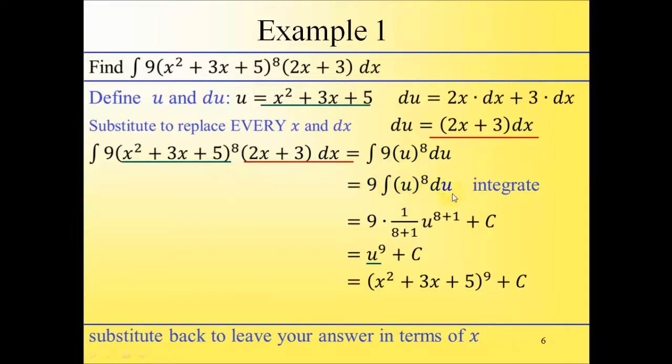By using the basic integral formula, we know that u to the power of 8 plus 1, which is 9, over 8 plus 1, which is 9, plus c. Because it is 9 over 9, we can eliminate it, and we just have u to the power of 9 plus c. So substitute back to leave your answer in terms of x, and you get this result.